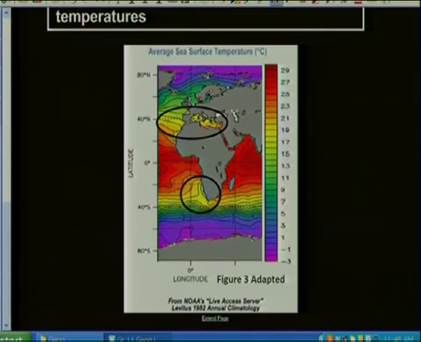Remember, when we talk about the concept of average sea surface temperature, we are talking about the first layer of 1 meter to 3 meters of water, the surface layer of the sea that has a particular temperature being recorded there.